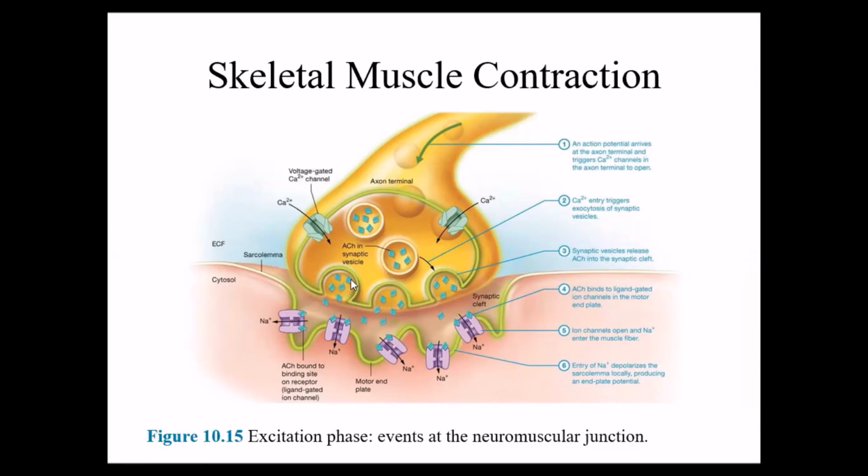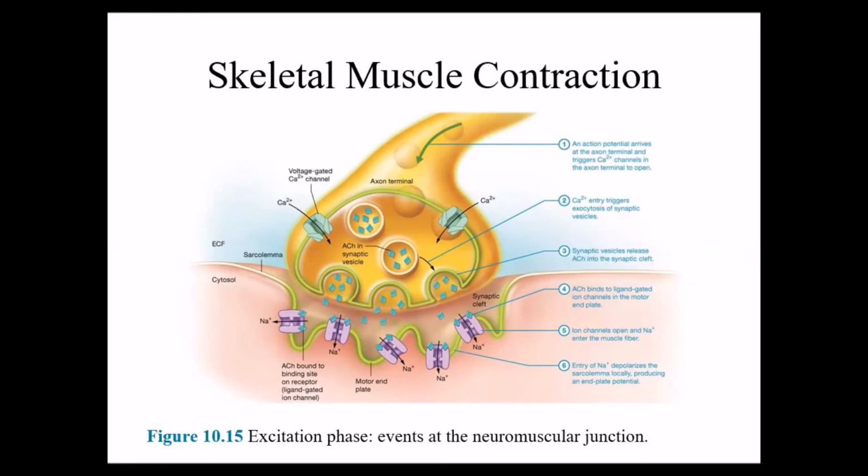The acetylcholine works as a ligand, because it binds to the ligand-gated sodium channels on the next membrane. And when that ligand binds, guess what? It opens the gate here, and that causes sodium ions to go inside of the muscle cell.